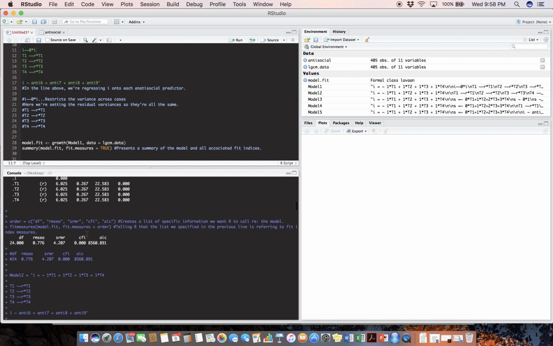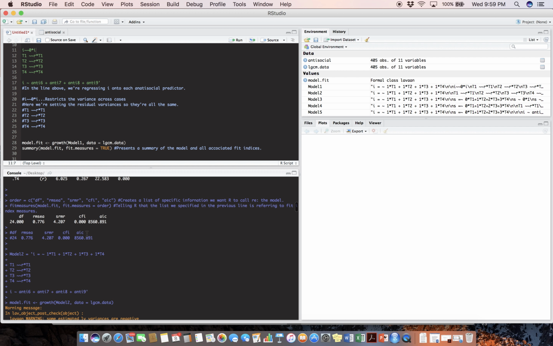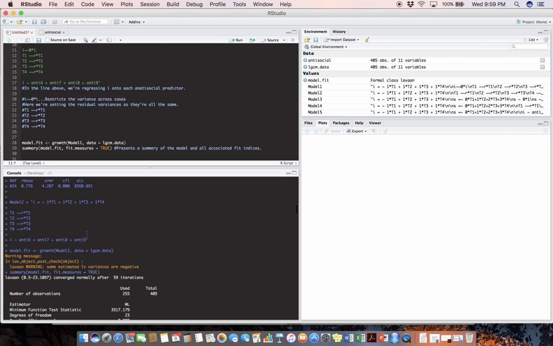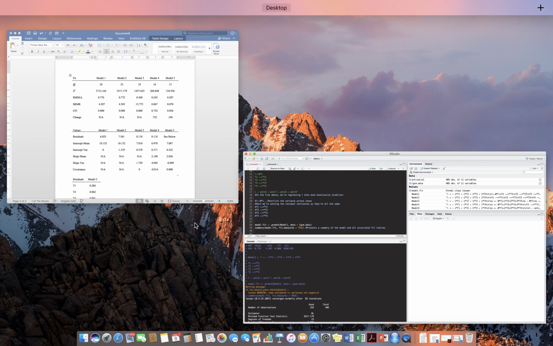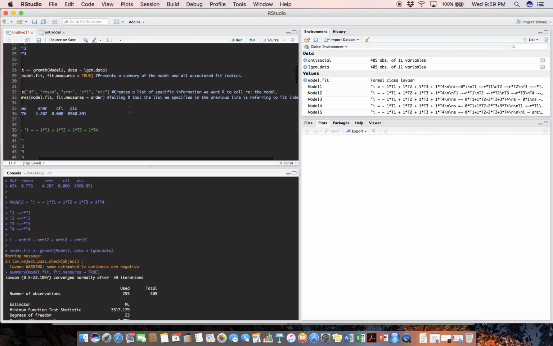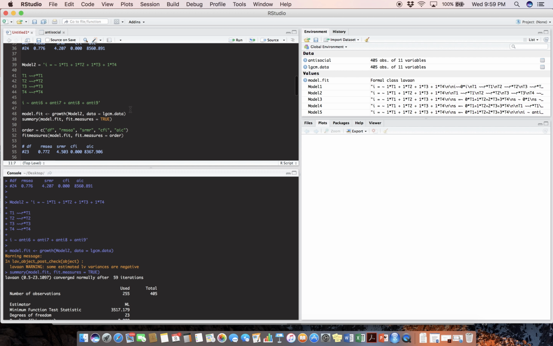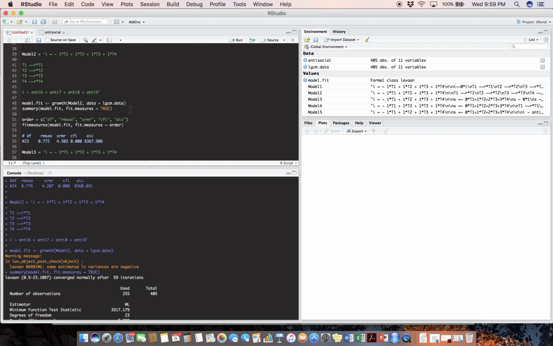Now let's move to Model 2. The difference between Model 1 and Model 2 is that we are now allowing the intercept to vary.